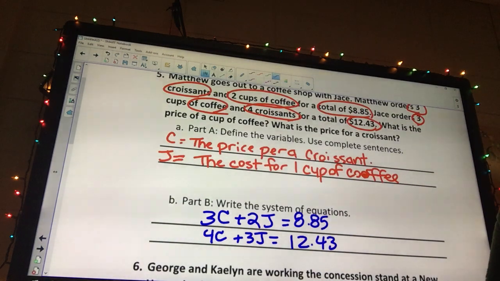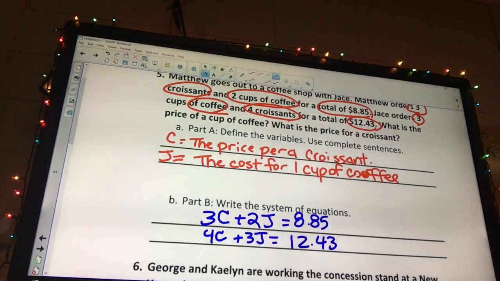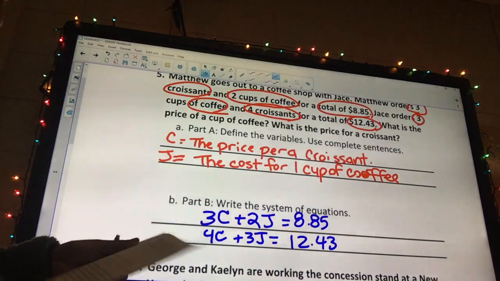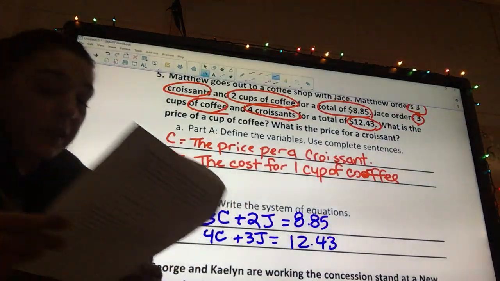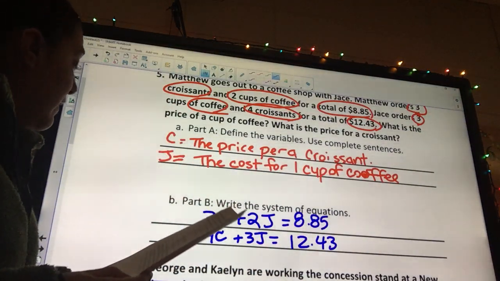Okay, so take a second and look at yours. Make sure yours looks like mine. Okay, number 6 looks a lot like number 5.